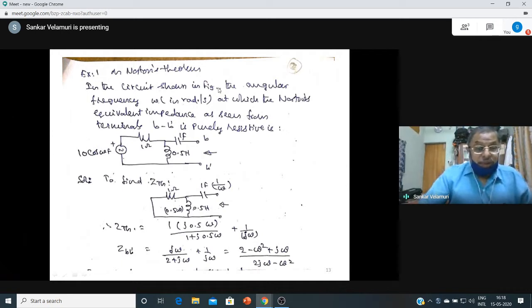In the circuit shown in figure, the angular frequency omega in radians per second at which Norton's equivalent impedance as seen from terminals B to B dash is purely resistive.